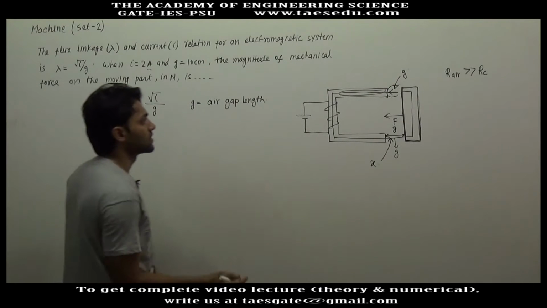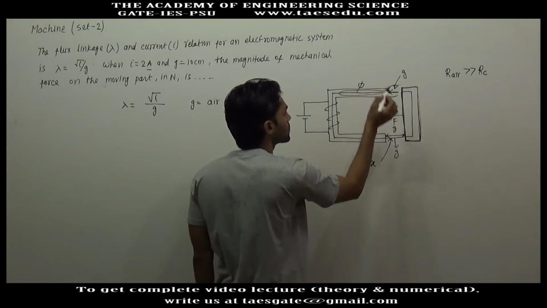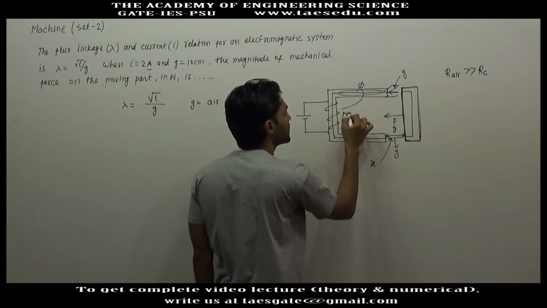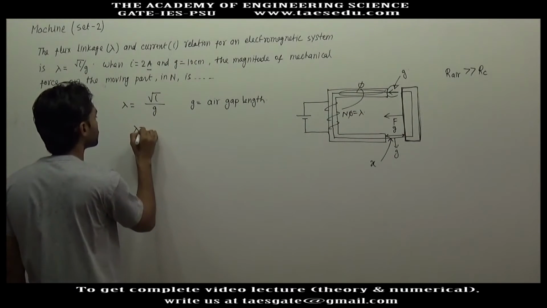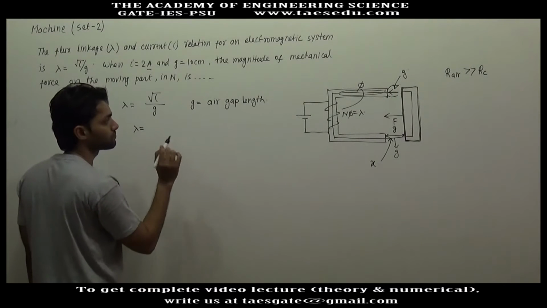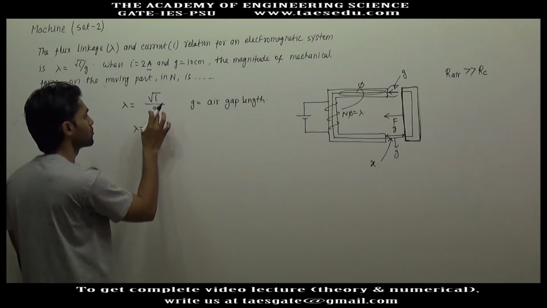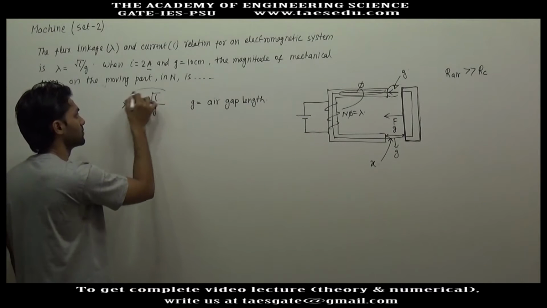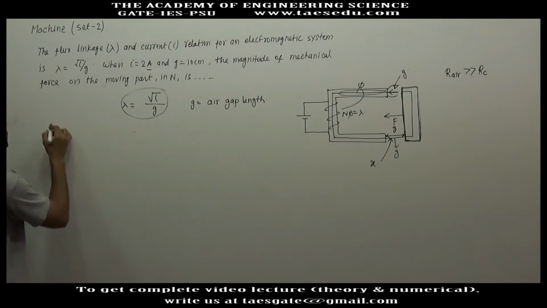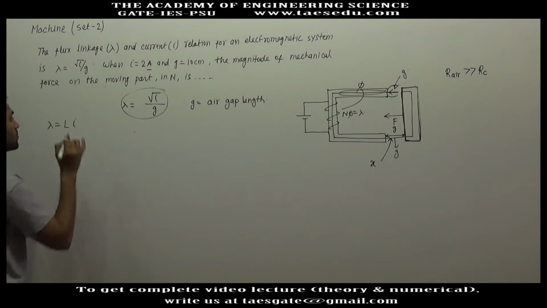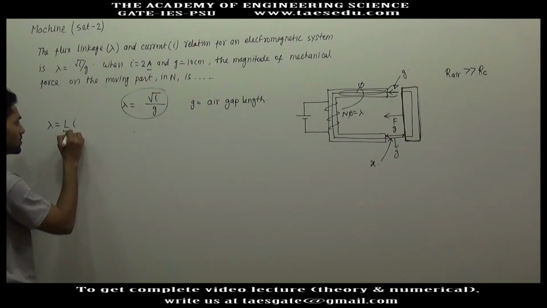And the total flux linkage, there will be flux, and the total flux linkage will be N into phi. This is given as lambda. So lambda is related as lambda equal to root under i divided by g. In general, in a transformer or in a simple system, we have studied that total flux linkage is equal to L into i, where L is a constant.